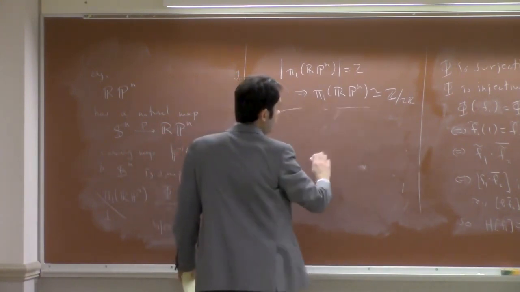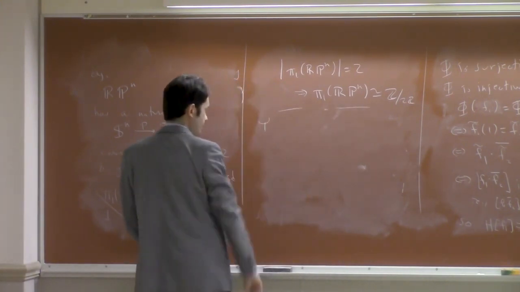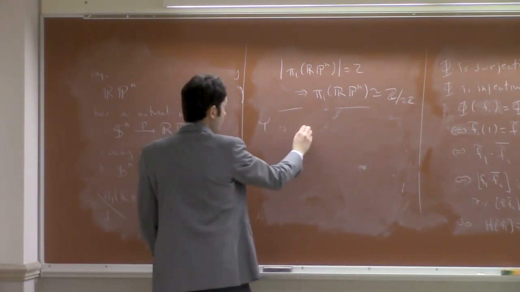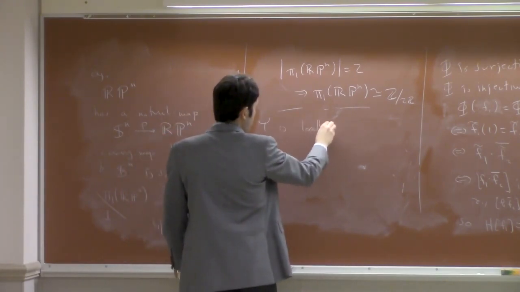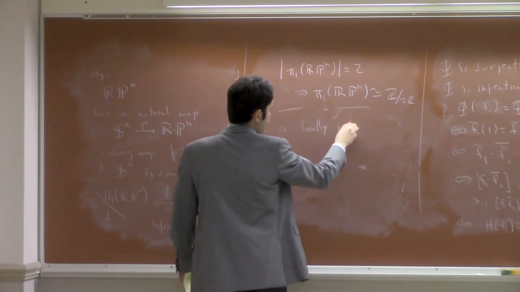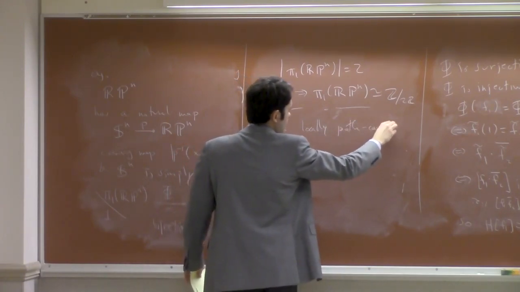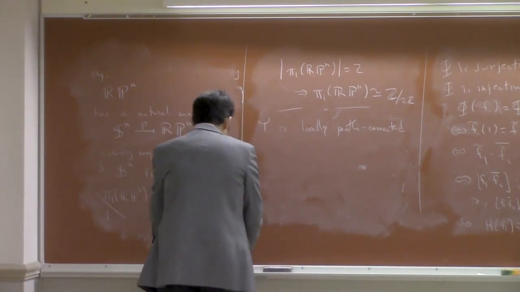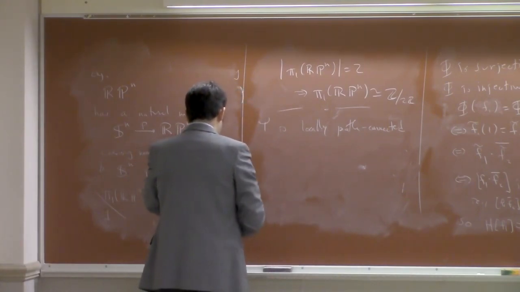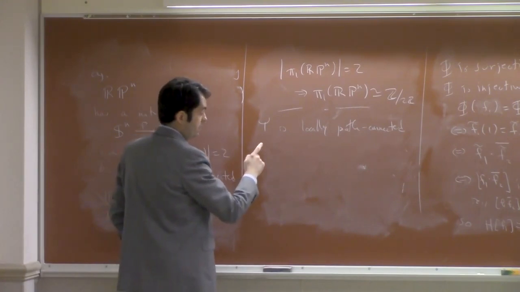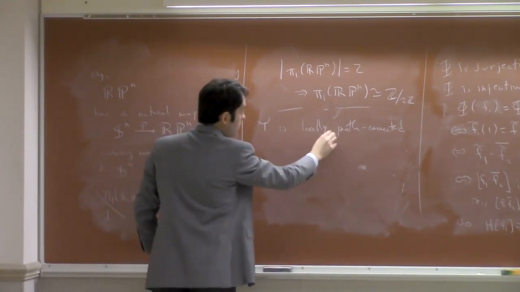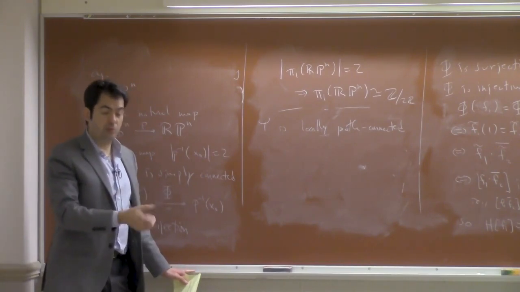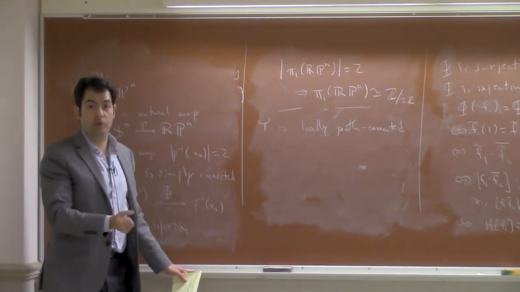Okay, so here's another case where we're interested in a local property. We're going to say that Y is locally path connected. As I mentioned earlier, anytime you use locally, it's the same as saying that this is true for arbitrarily small neighborhoods of a point.